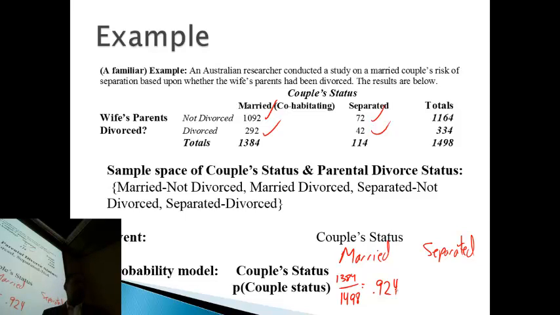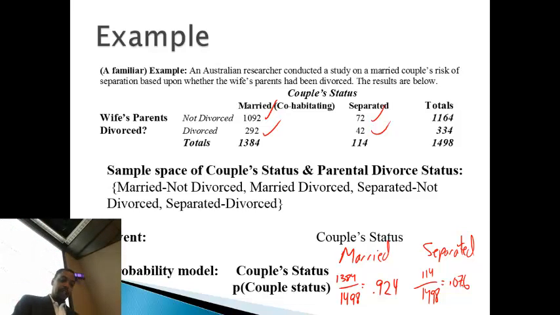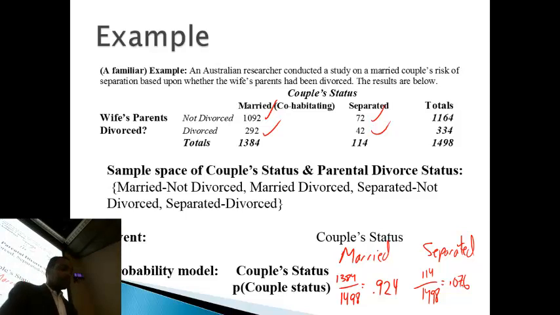The separated group is obviously going to be 0.076, or it's 114 out of 1498. So there you go. Here are my outcomes. Here's the chance for each. They add to 100%. Everybody's happy. You have a probability model. And there's my little comment that we'll transition away from proportions to probabilities.